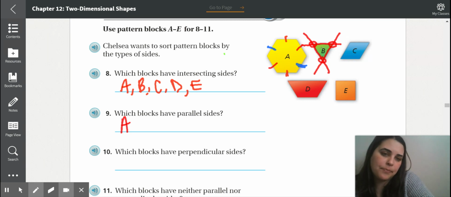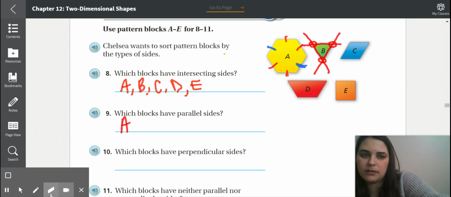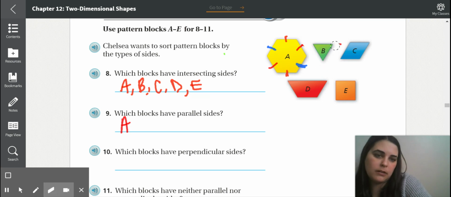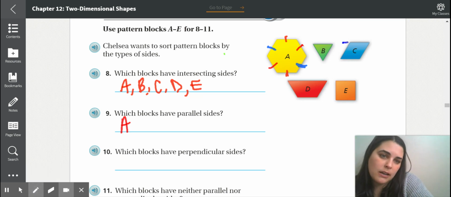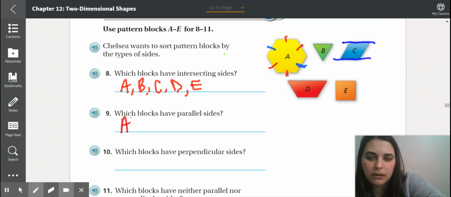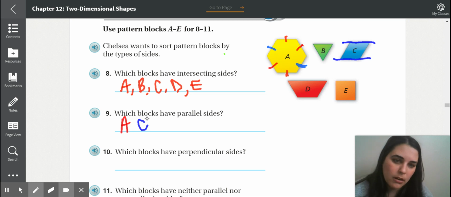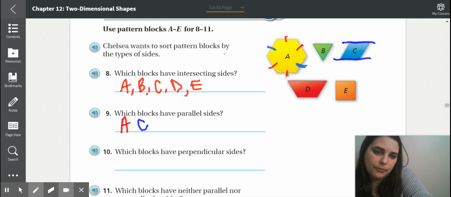Let's look at C. Okay, if we're looking at C, are those ever going to connect? No. So C has parallel sides too. And what about D? This side and this side, those won't ever connect.